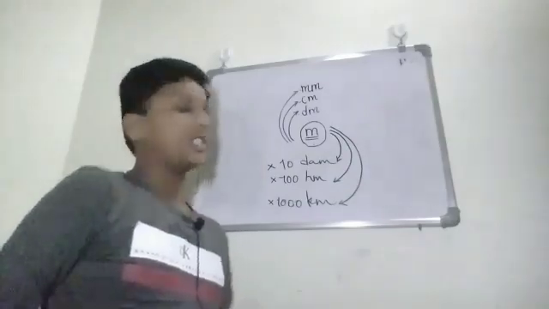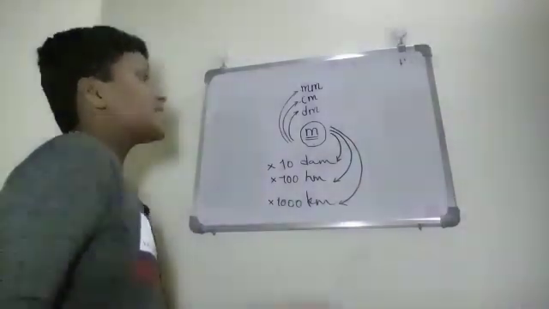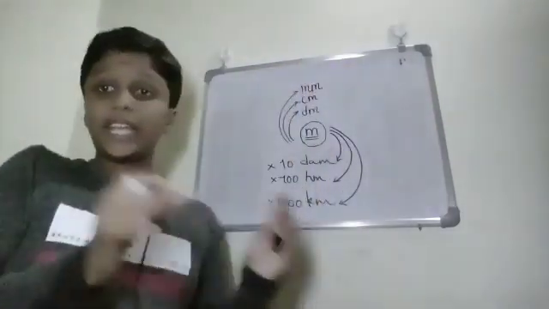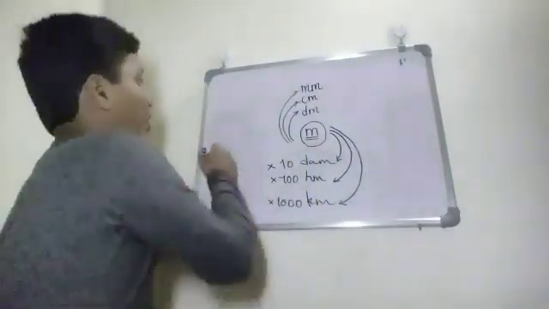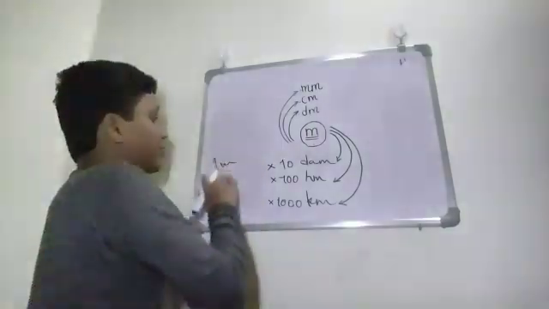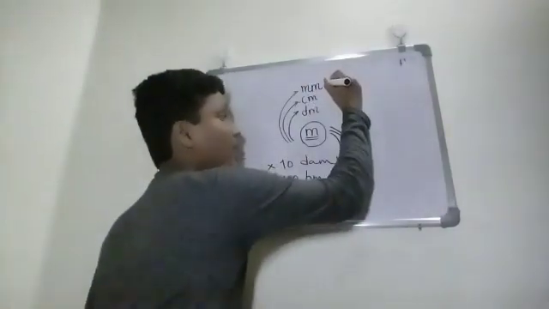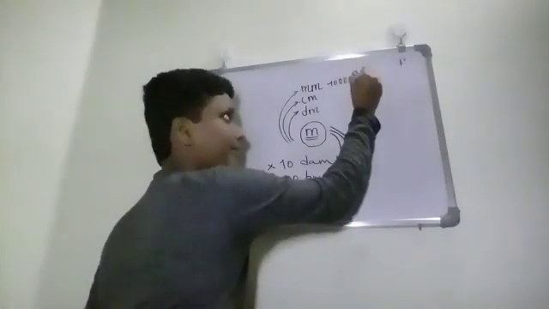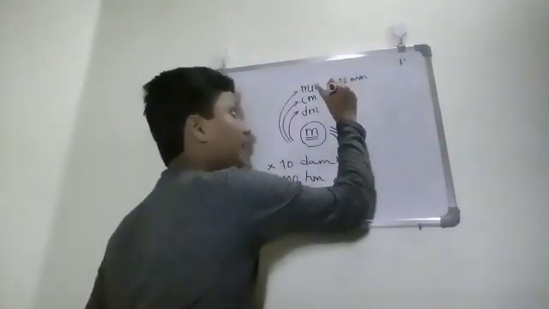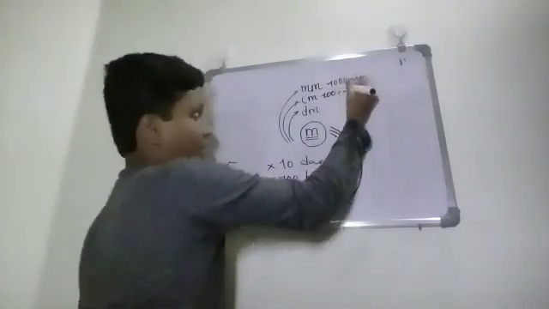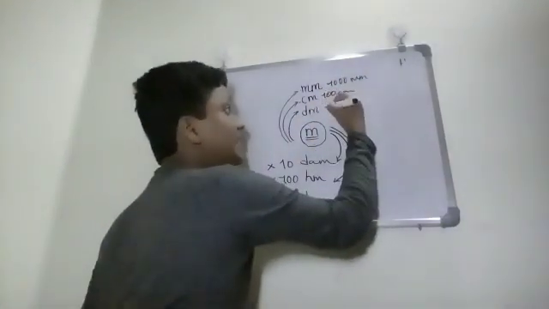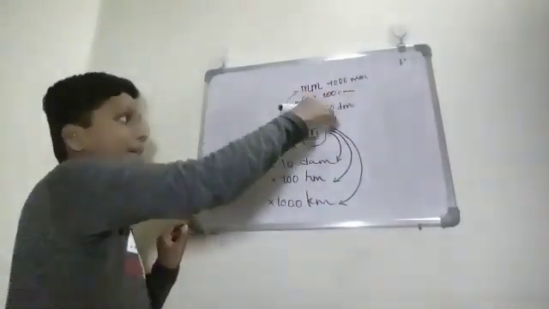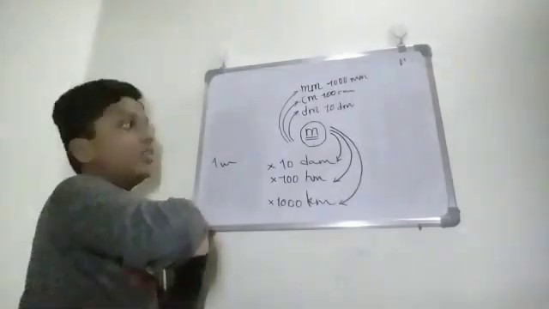So conversion. Okay, just if you have noticed, the smaller units, if we are taking a fixed value of 1 meter, 1 meter is equal to 1000 millimeter. 1 meter is equal to 100 centimeter. 1 meter is equal to 10 decimeter. 1 meter is equal to 1 meter.